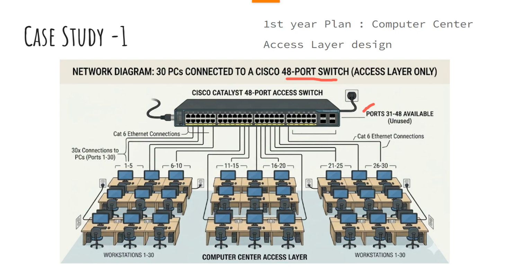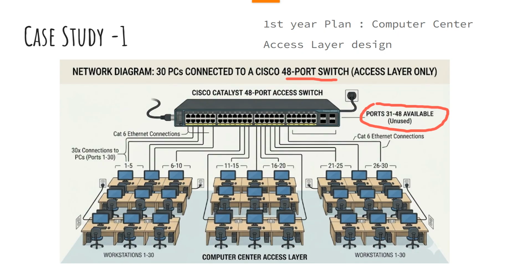Here you can see port number 31 to port number 48 are available. If I want to increase the number of PCs in the lab, there is a possibility of directly increasing 18 PCs without making even the slightest change in the network.